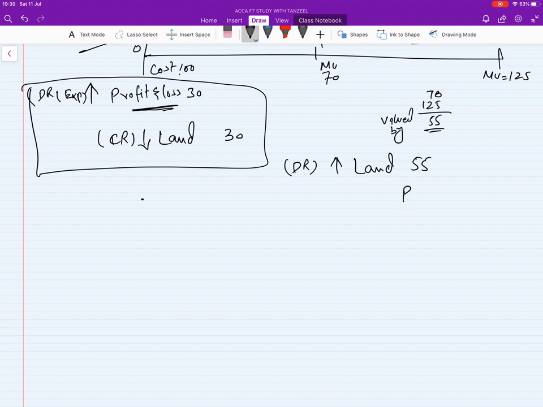So you were having a profit and loss by 30. Is this balanced? No, it is not balanced. The rest you can take to revaluation reserve, the equity, by 25. Credit because equity is increasing.